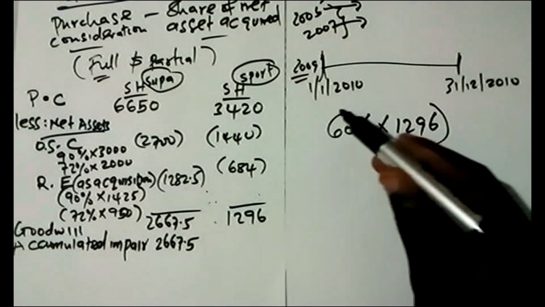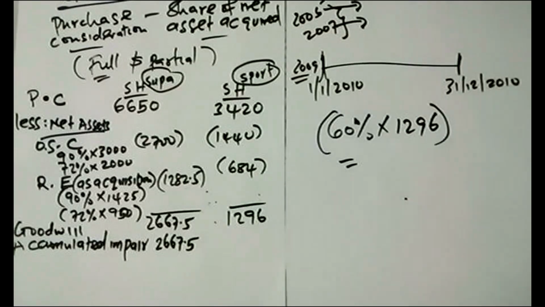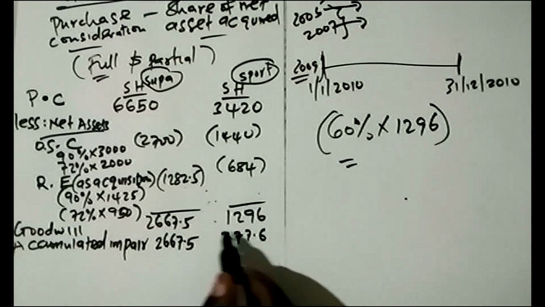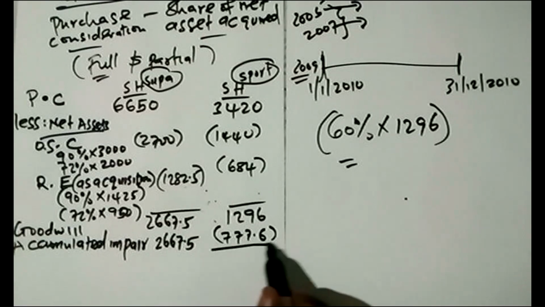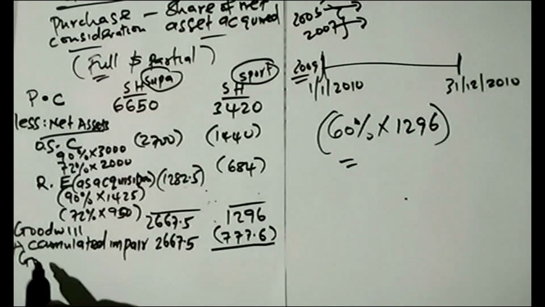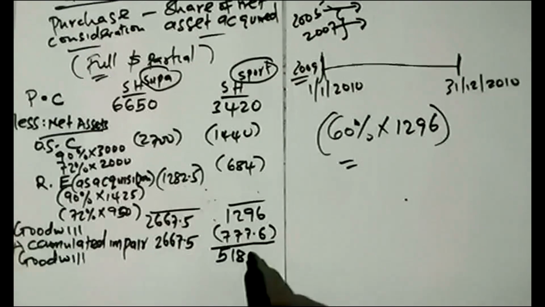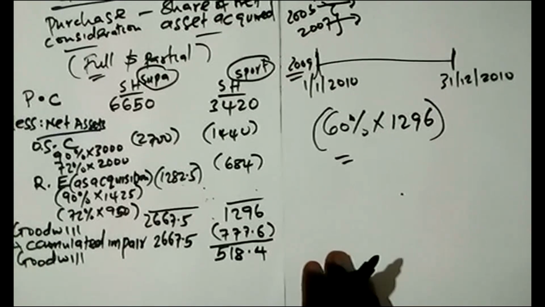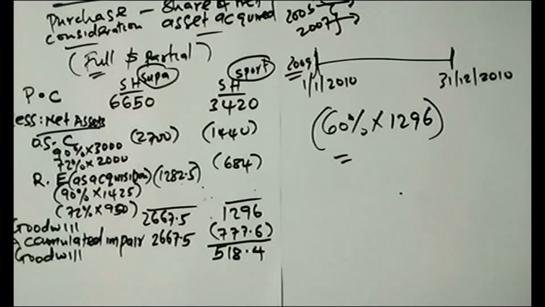So 60% of this you are getting 777.6. Now if you subtract 777.6 from 1,296, the goodwill which is remaining here is 518.4. Super's goodwill has been entirely impaired, so we don't have anything again to subtract from there, and that is accumulated.